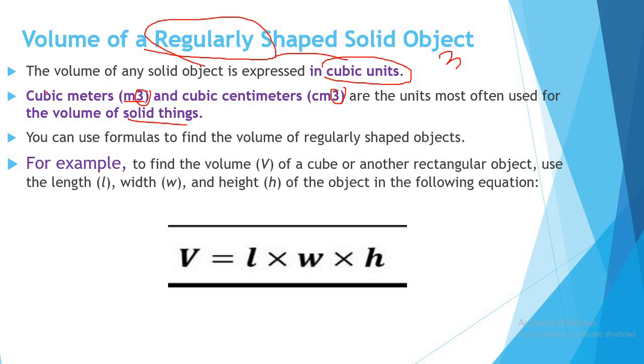You can use a formula to find the volume of a regular shape. Volume equals length times width times height. To find the volume of a cube or another rectangular object, use the length, width and height of the object in the following equation.